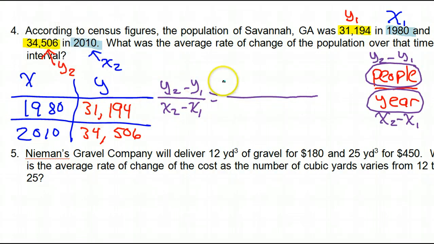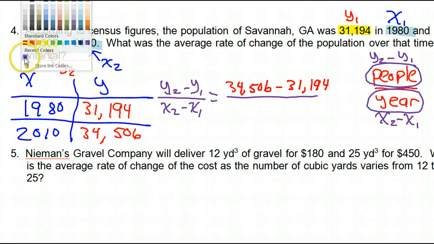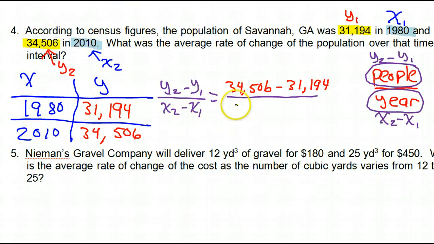So I'm doing 34,506, that's Y2, minus 31,194, that's Y1. And now I'll do the X's in blue, like we had it. So X2 is 2010, and X1 is 1980.